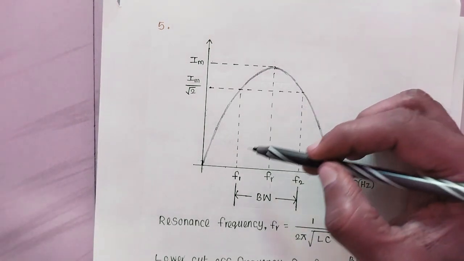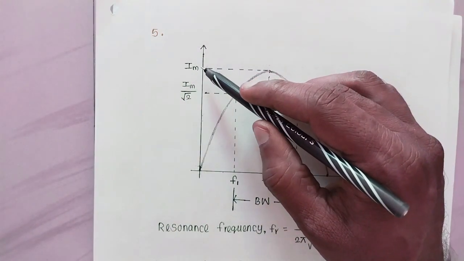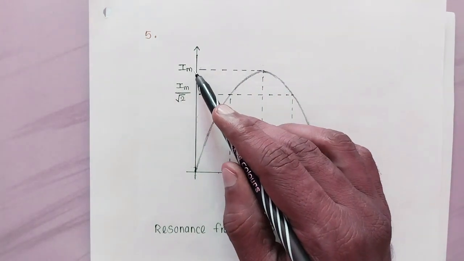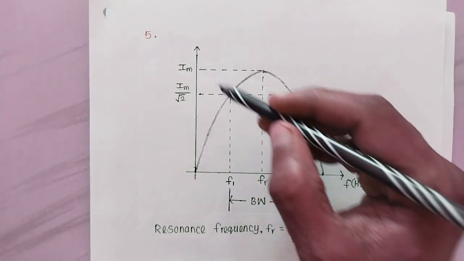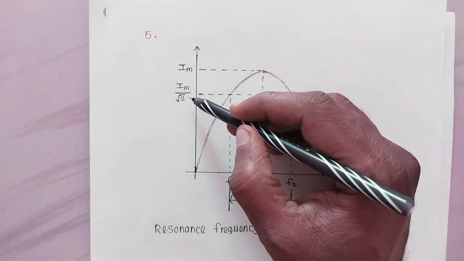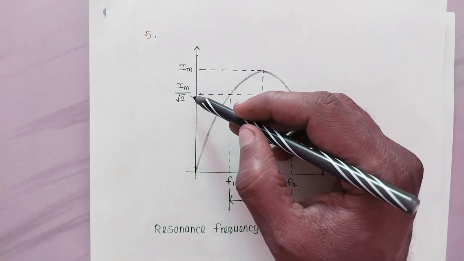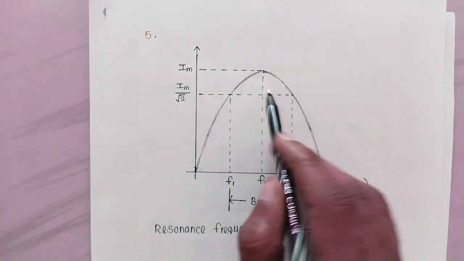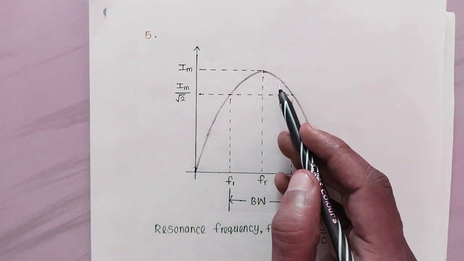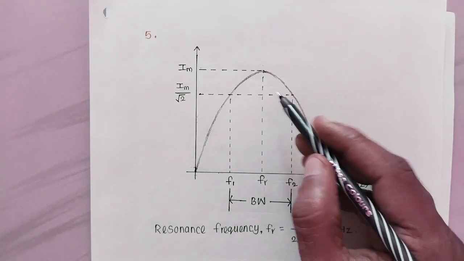So how do you get the cutoff frequencies? We have to first get the maximum current in the circuit. Maximum current in the circuit we get at resonance frequency. In that maximum current we have to take 1 by root 2 times the maximum current, or Im by root 2. Now we have to draw a dotted line at Im by root 2. It definitely cuts the current curve at 2 points.